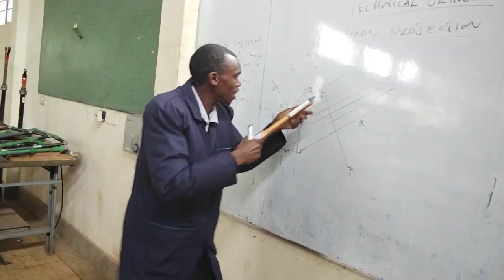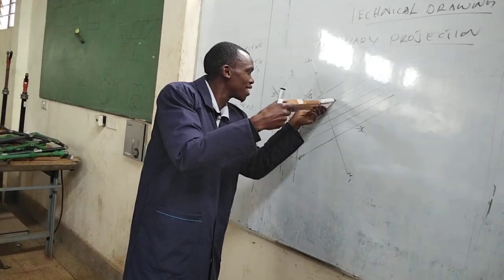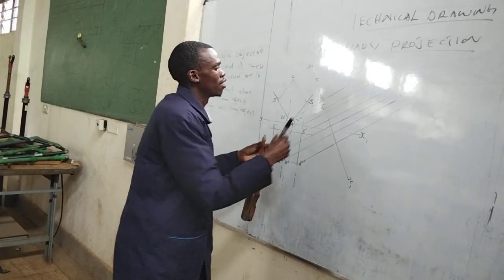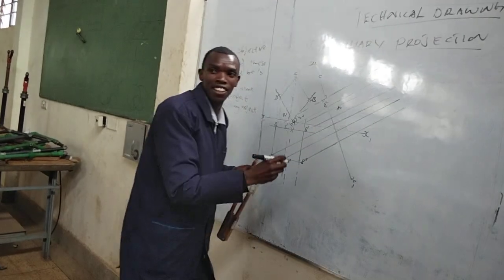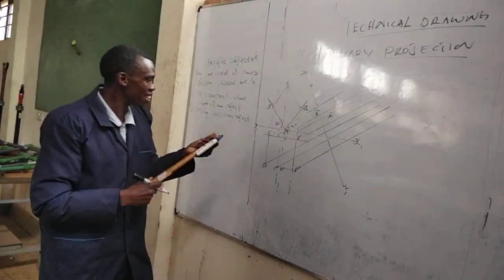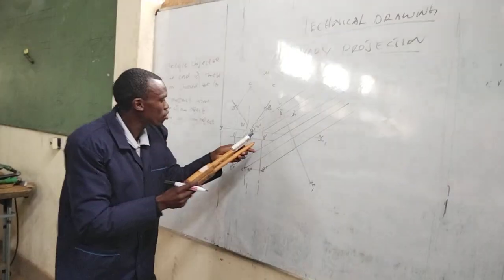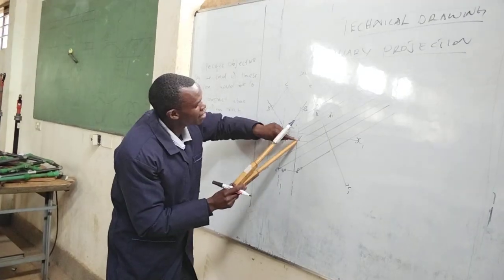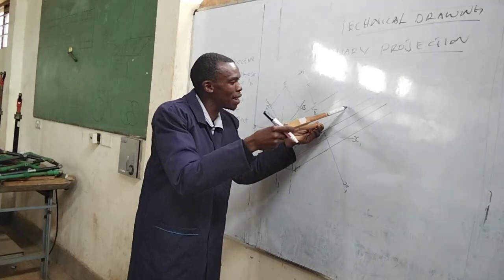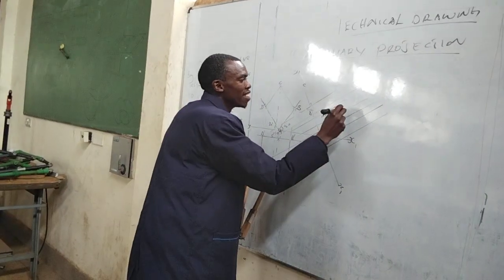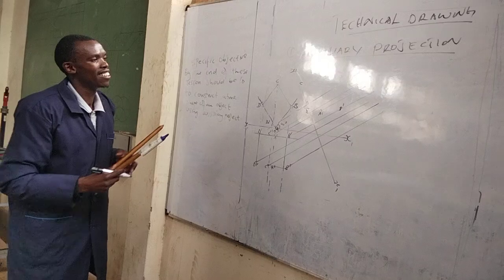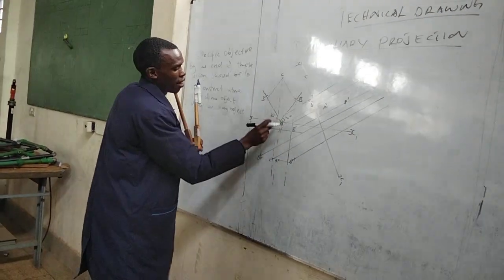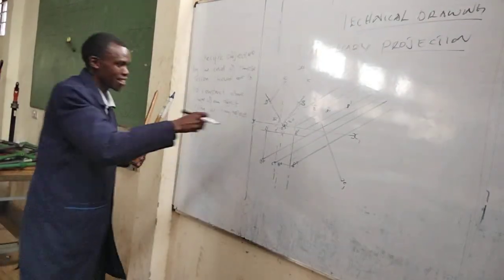You follow, and then you get this point. You mark. You call it A1. Next is B. So from B prime to B, you follow this line, you track, you measure B. As well as you can join point A1, B1 because A and B is at the same line.